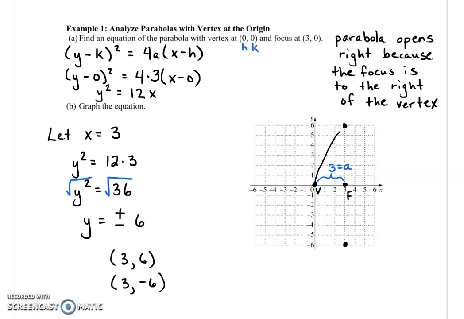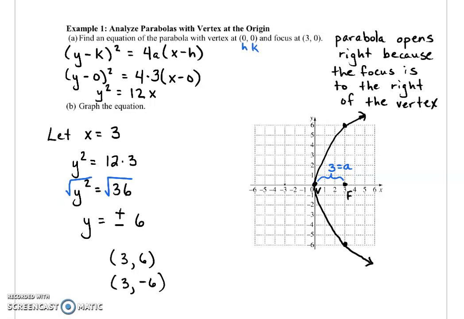And now we just have to make a parabola through those points. So we graph as well as possible. Now the one thing we have not put on here is our directrix. So remember, the directrix is the same distance away from the vertex as the focus is. So since the focus is 3 away on the side that the parabola opens towards, the directrix is 3 the other direction.